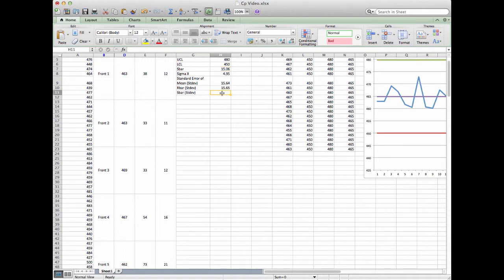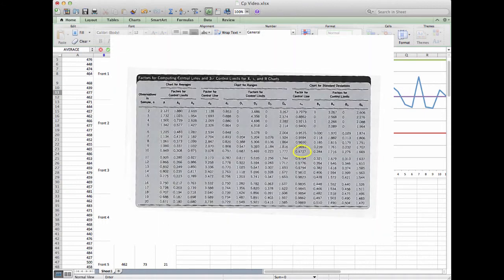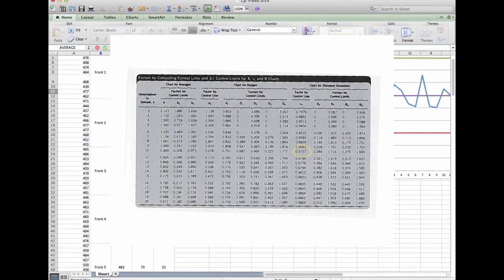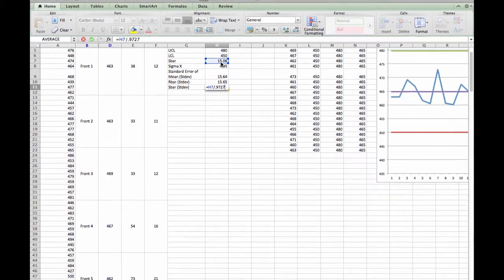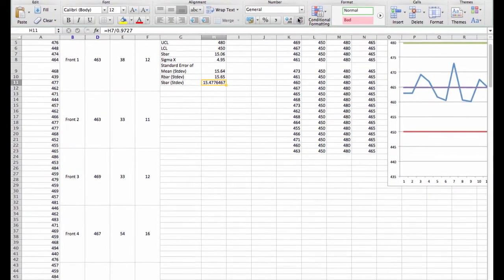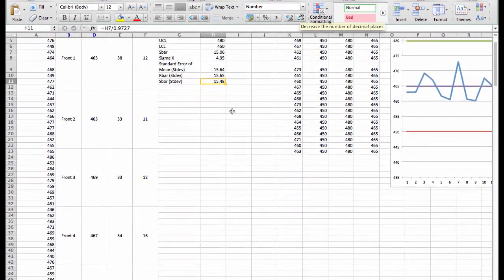So S-bar population standard deviation estimate is equal to S-bar divided by C4. I look at the appendix in the back of my textbook and find that C4 is actually equal to 0.9727 for a subgroup size of 10. So 0.9727 is my value, and the estimate for standard deviation of my population using the S-bar formula is 15.48.